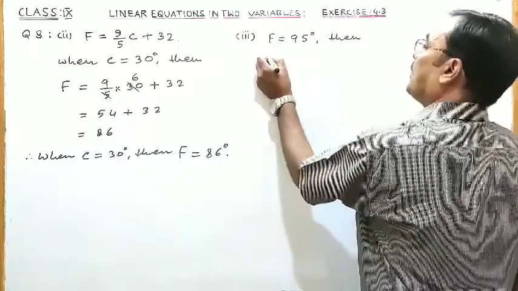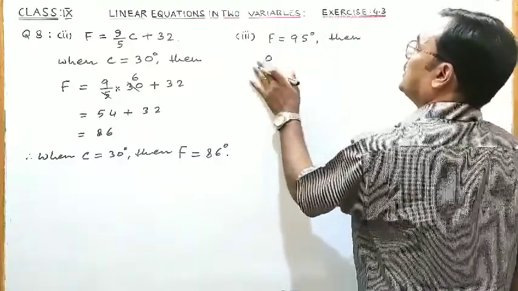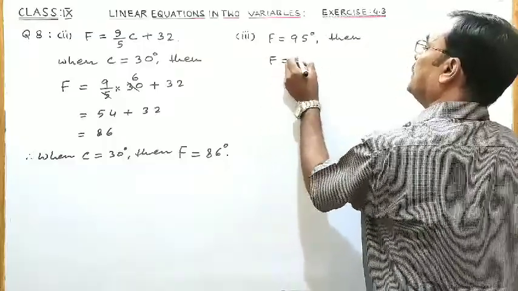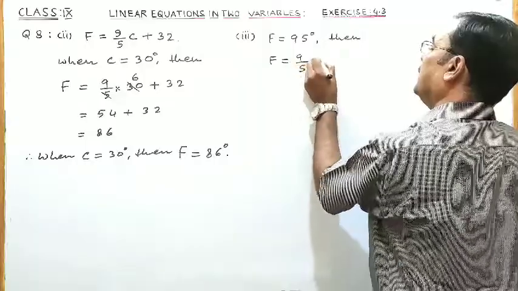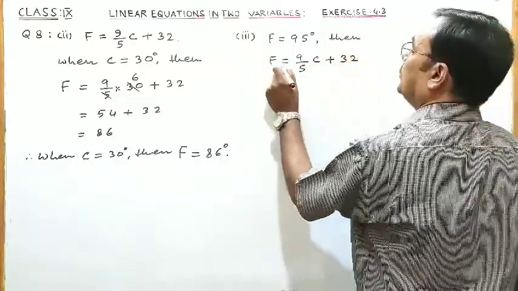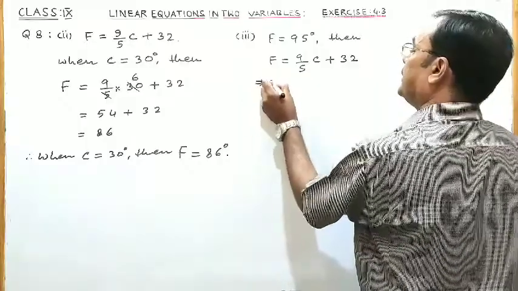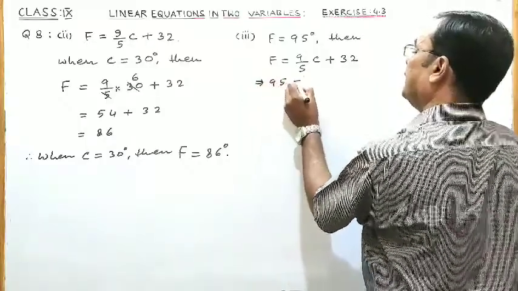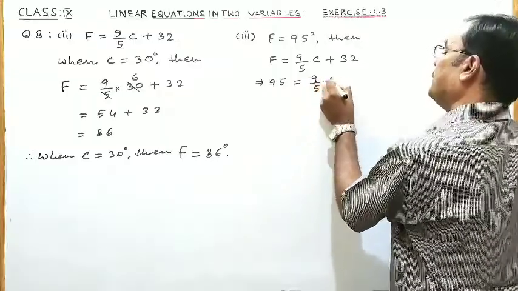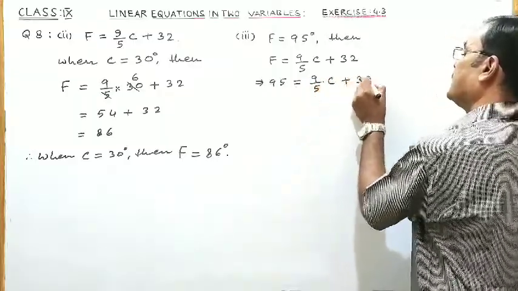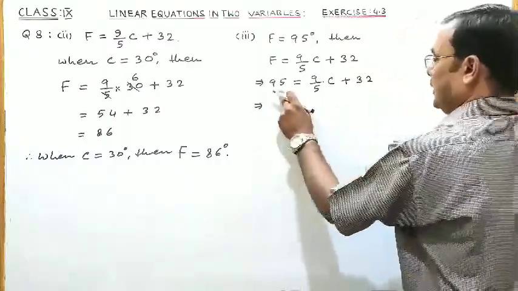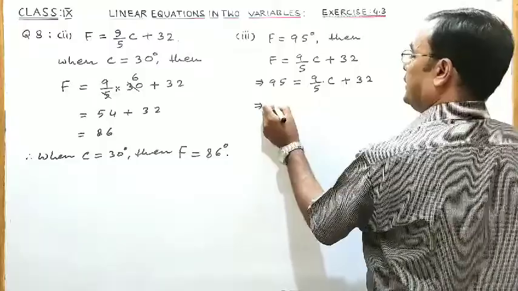So this Fahrenheit F equal to 9 by 5 into C plus 32. So in place of F, let us write 95 equal to 9 by 5 into C plus 32. Transpose 32 from right side to left side.